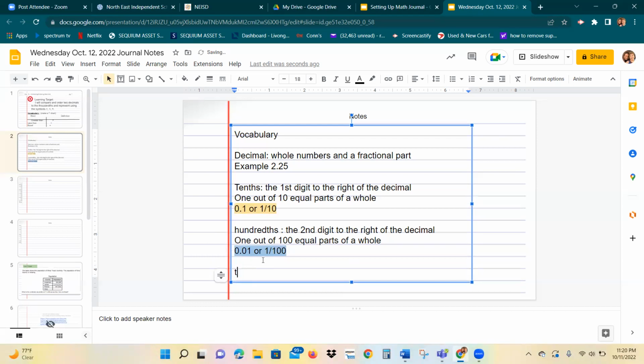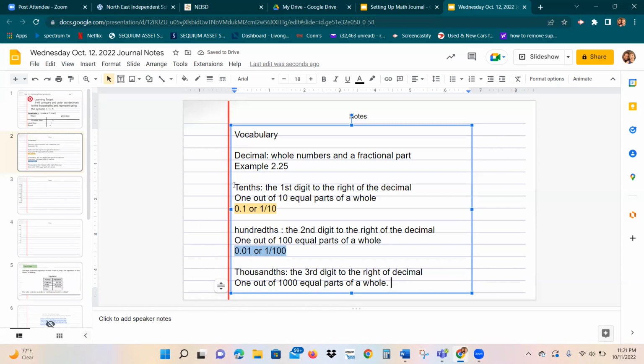And then thousandths, T-H-O-U, like you were saying, thousand, but you need the THS. And this is the third digit to the right of the decimal. And this is going to be 1 out of 1,000 equal parts of a whole.